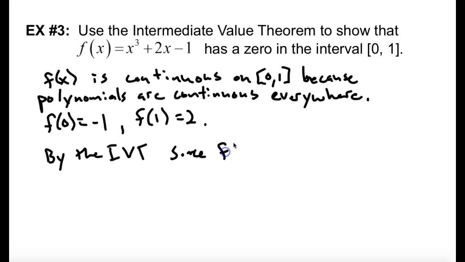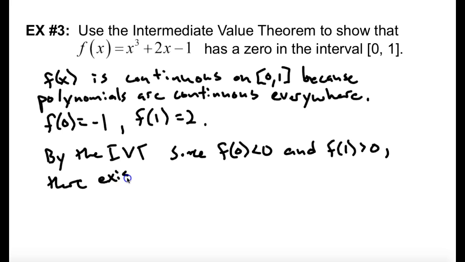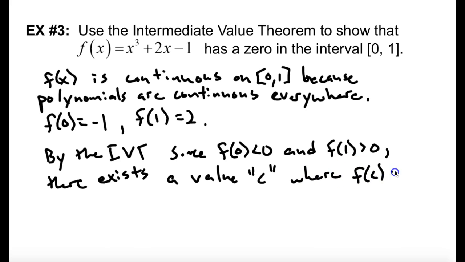Since f of 0 is less than 0, and f of 1 is greater than 0, we are guaranteed that there exists a value c where we plug that value in, the y value is 0.